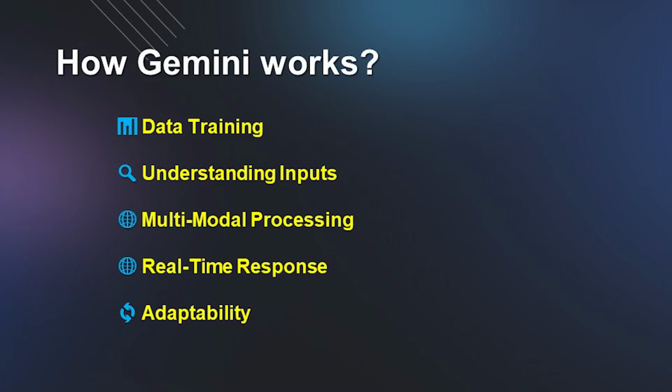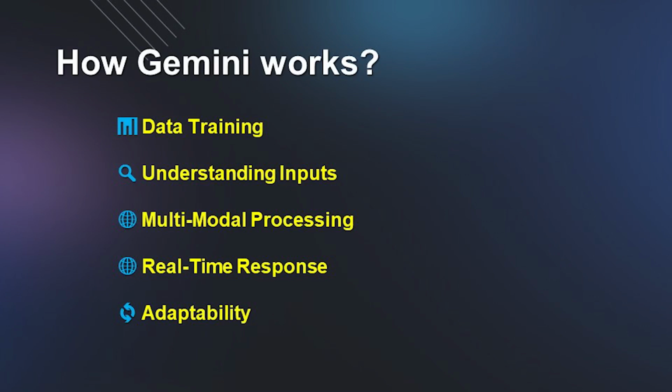Next one is understanding inputs. When you provide an input, for example, asking a question or uploading an image, Gemini analyzes the content using its neural networks. It identifies the context, extracts key details, and processes the information. Next, multimodal processing.